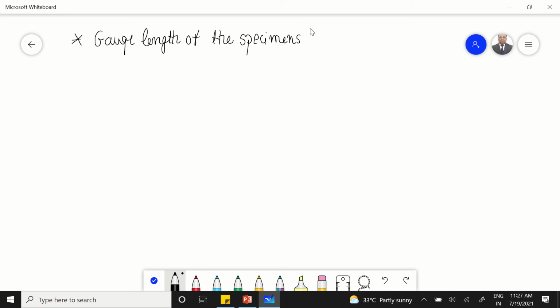We take these measurements before starting the test, and we call it GL, gauge length. Another most common measurement that we usually take is the cross-sectional area of the specimen.